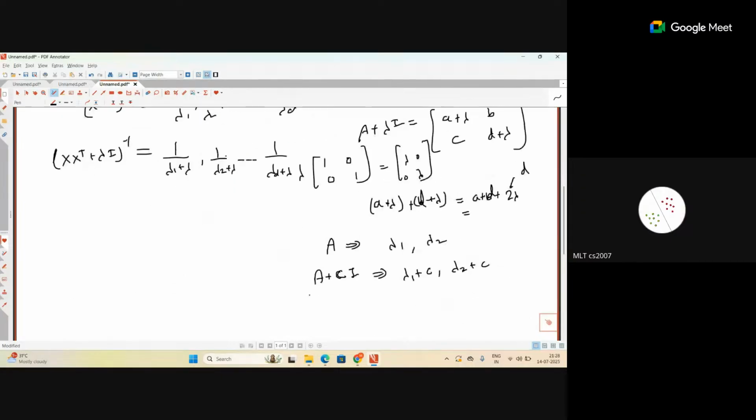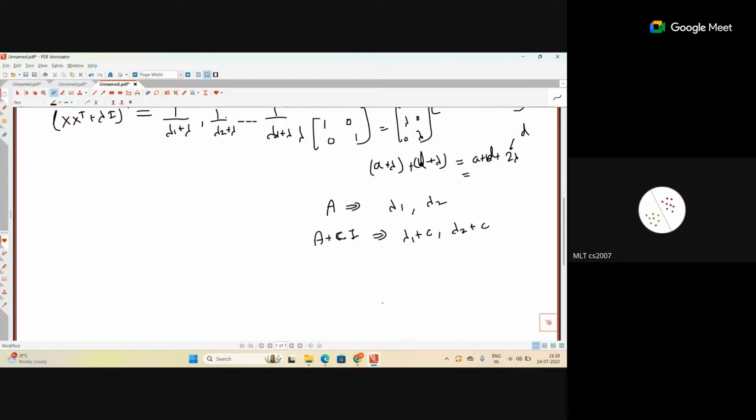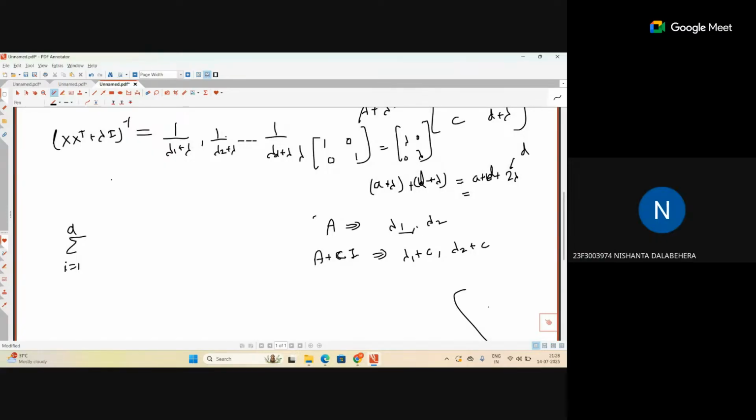So in that case, if I wanted to find out the trace of the matrix, which is equal to the sum of the eigenvalues, what will that sum look like? The sum of the eigenvalues will be i equal to 1 to d of the eigenvalues of X transpose plus lambda I inverse, that is 1 upon lambda i plus lambda.